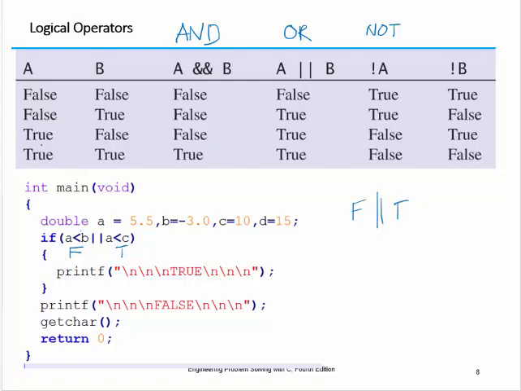I go and look at this. False or true means true. So this overall condition statement evaluates to a true. And if it evaluates to a true, I'm going to do what's underneath this if statement and print out the word true. But if it evaluates to false, I will print out the word false.